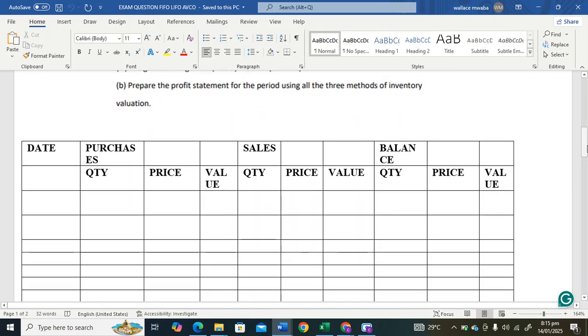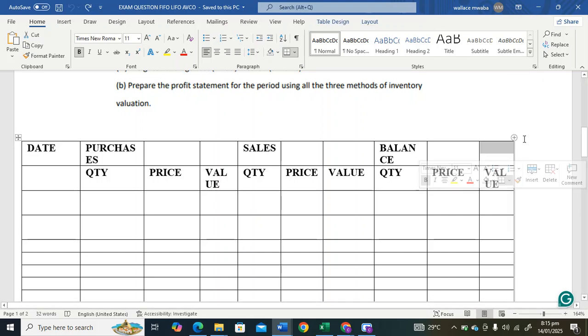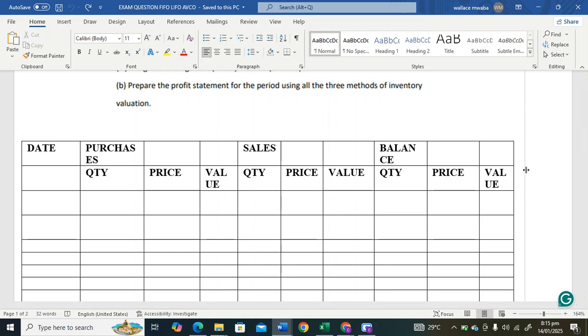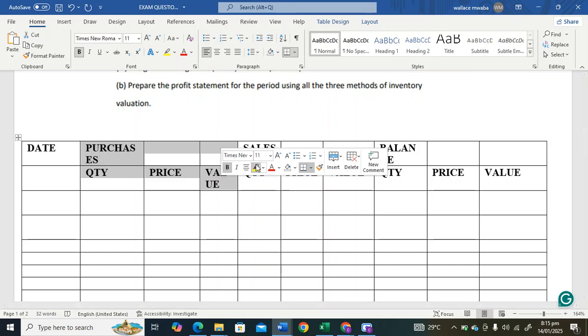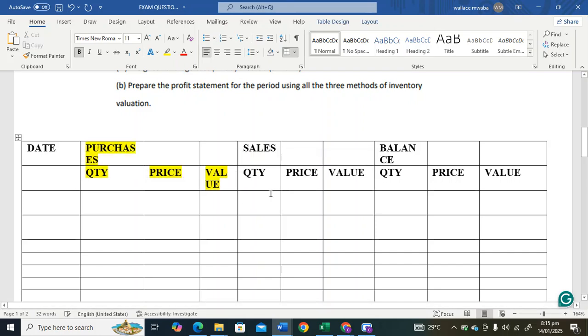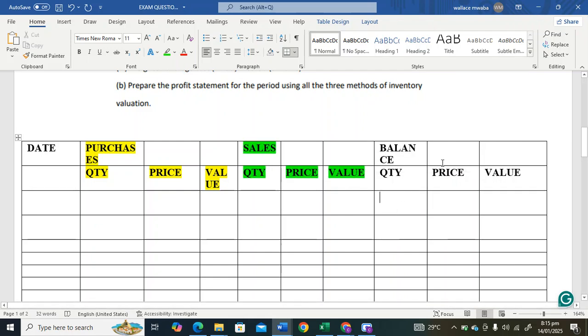So this is the table, which is also called the stores ledger that you have to make. You've got three main columns: the purchases column, the sales column, and the balance column.